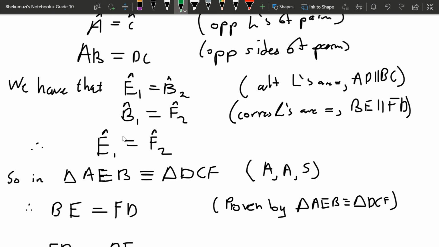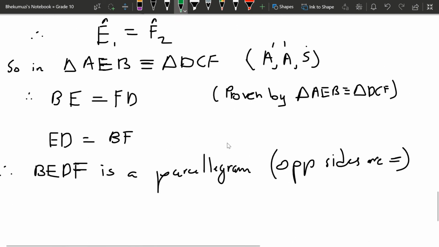So since we have E1 equal to B2, but also B2 is equal to F2, then we can equate E1 and F2 to each other, and therefore we have angle, angle, side reason for congruency.